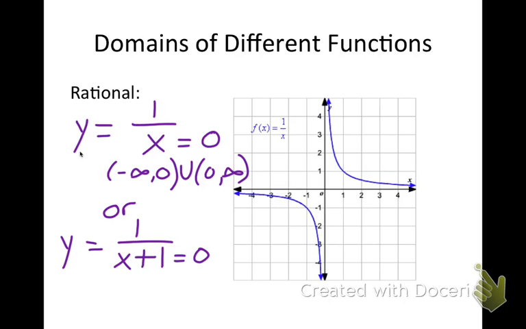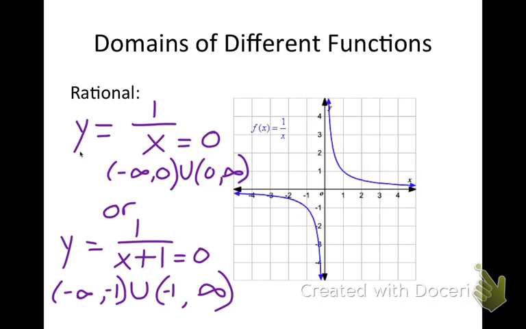So how do I do my interval notation to not include negative 1? So just change it. It's going to be negative infinity to negative 1 union negative 1 to positive infinity. Right? Because I need to exclude just that one value. Negative 1 plus 1 is 0.